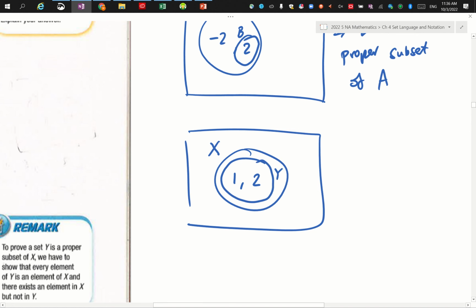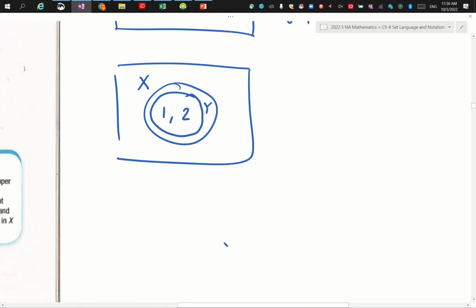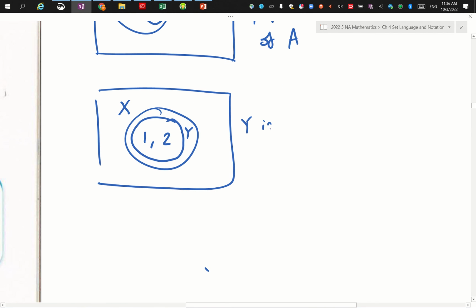This is set Y. What does set Y contain? 1 and 2. Are all the elements in set Y found inside set X? Yes, right? So I can say that Y is a subset of X because everything inside Y is found inside X.